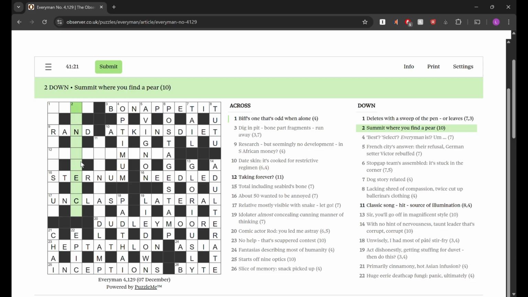What was this one again? The Summit one. Maybe it ends in E-N-C-E. This lamp one is really annoying me.